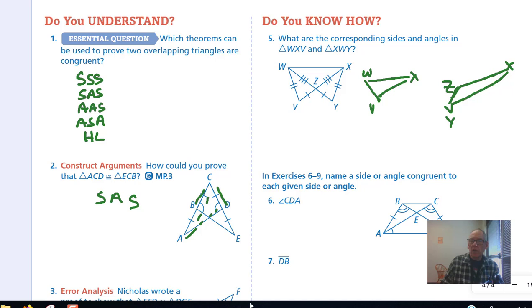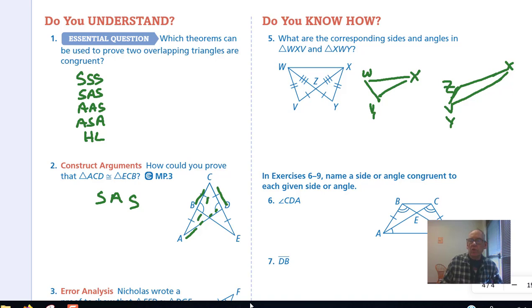I'm doing that wrong. We have XYW, XWY. So XWY. Let's do that with this one. So we got X, W down to Y. So it's going to be a Y.